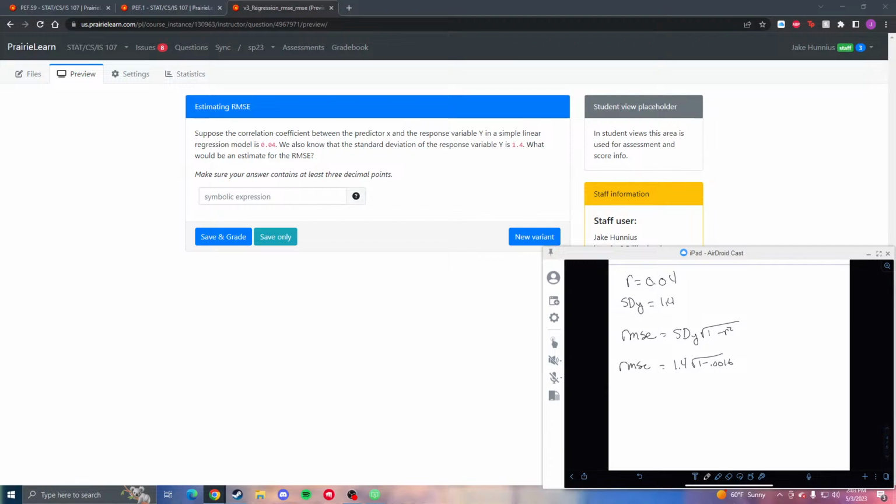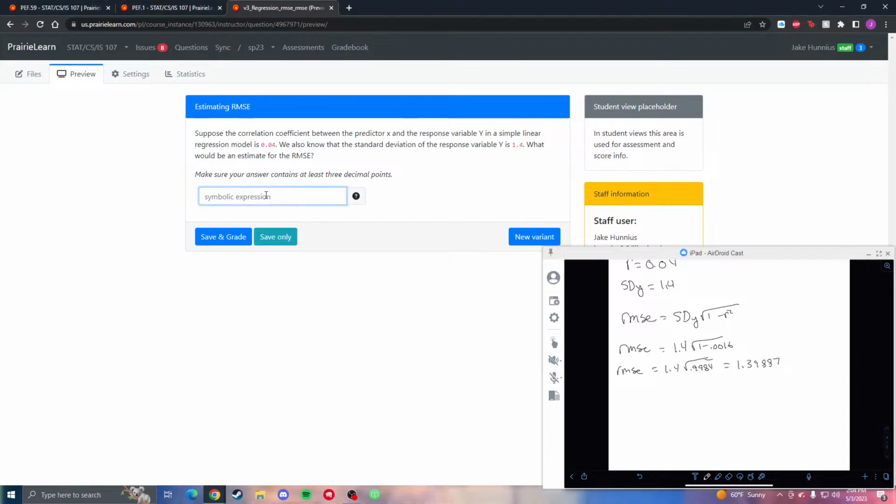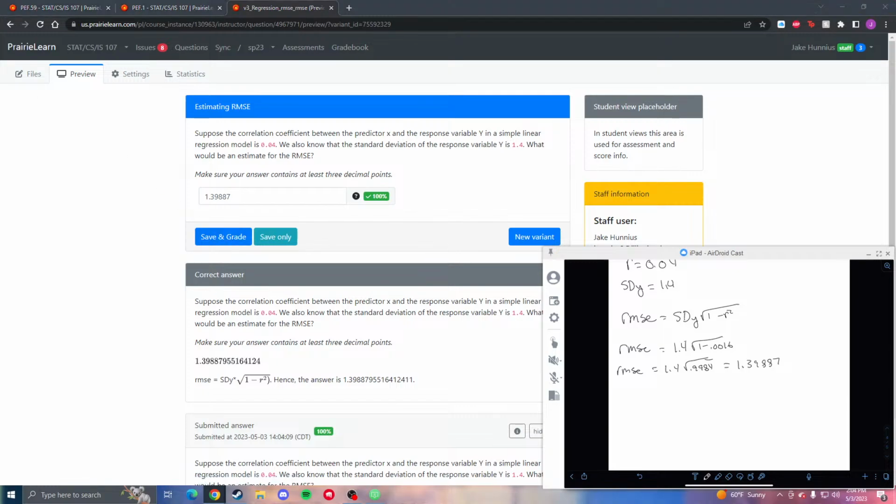One minus that, so we get RMSE is equal to 1.4 times the square root of 0.9984, which is equal to 1.39887. That's how you do that one.